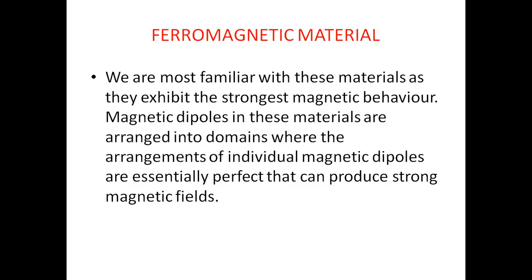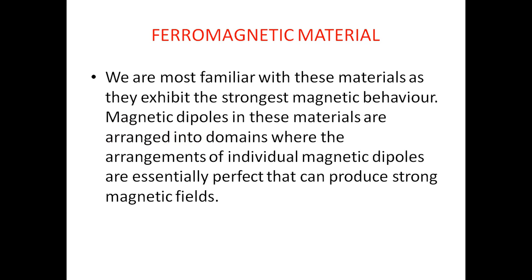Third type of material is ferromagnetic material. This type of material is strongly attracted by external magnetic fields, and the ferromagnetic behavior of the material can be explained with the help of domains. Now what are domains?